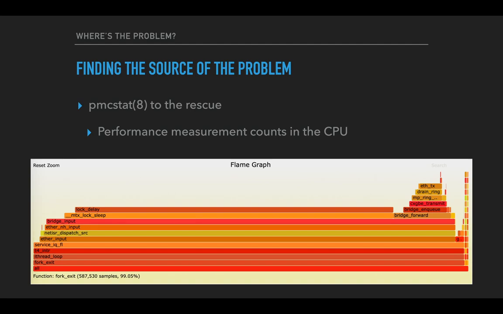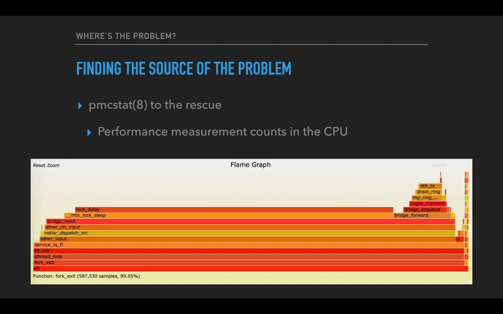The output of PMC Stat gets post-processed and turned into what's called a flame graph, for what I hope are obvious reasons. The way you read this is the width of the graph indicates how much time we've spent in an individual function.